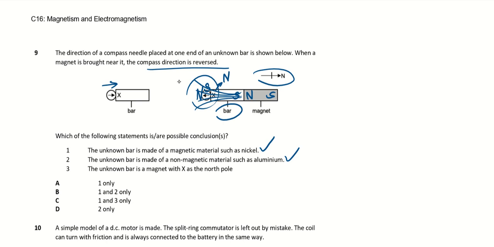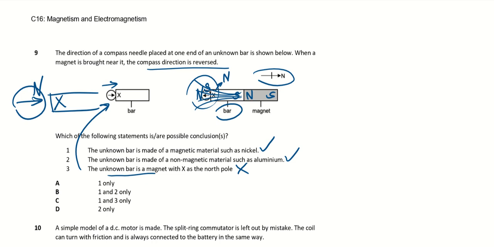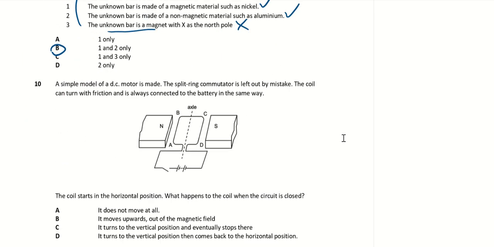Now, the unknown bar being a magnet with X as the north pole is not possible because of the initial position. For a compass, the tip of the arrow is the north pole. If X were a north pole, then this direction would change, but it didn't change. Therefore, 3 is not possible. So the answer is B, 1 and 2 only.